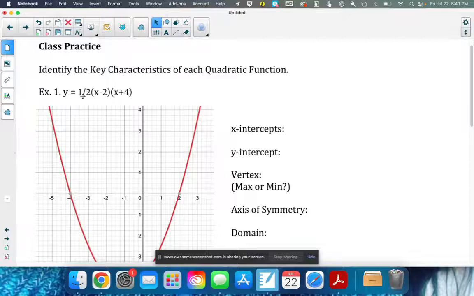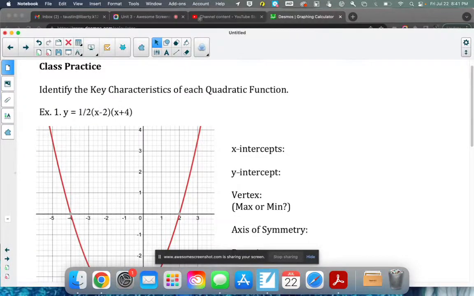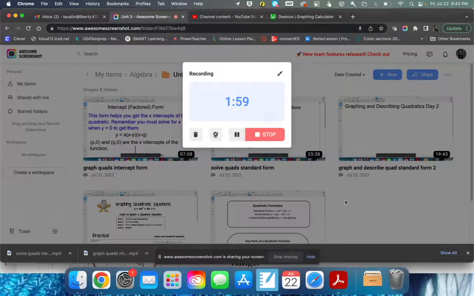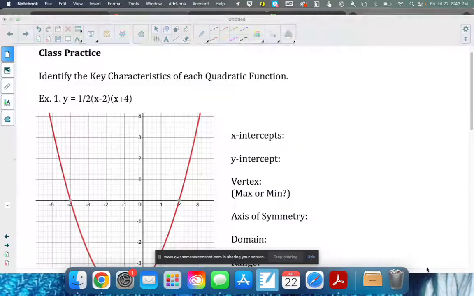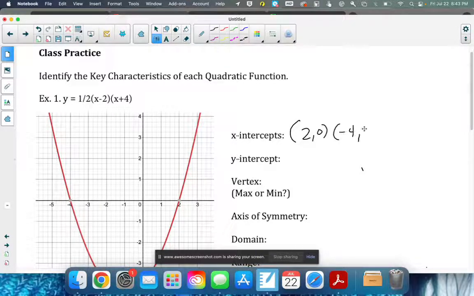Okay, so the x-intercepts are 2, 0 and -4, 0. The y-intercept was 0, -4, I think. Let's make sure.